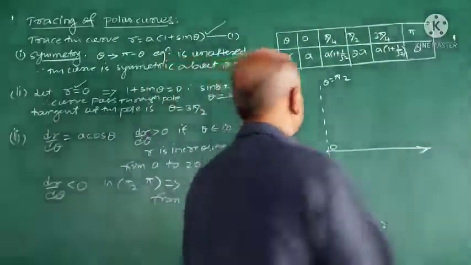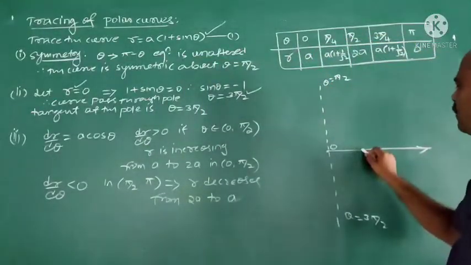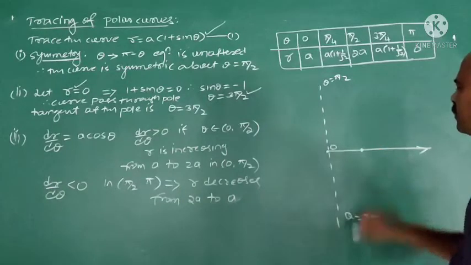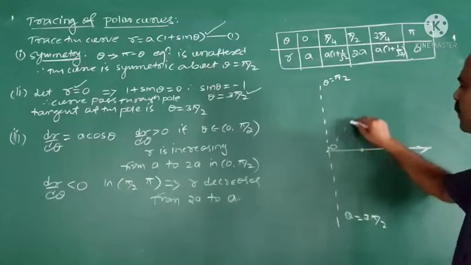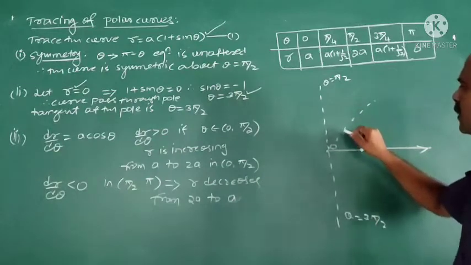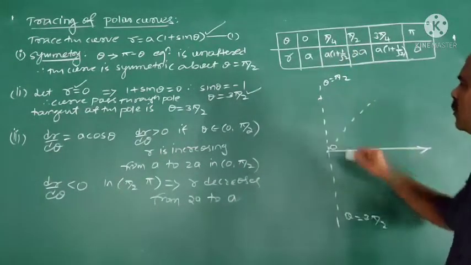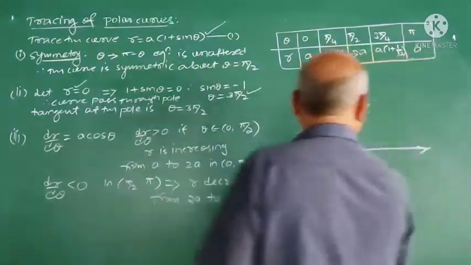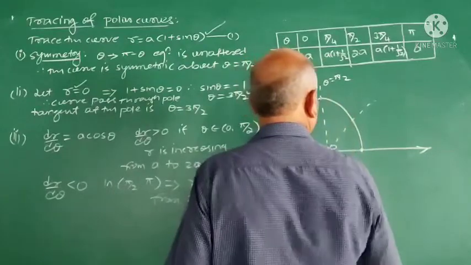Now I start from this. When theta is 0, what is r? R is a. When theta increases, at pi by 4 it is a into 1 plus 1 upon root 2. It increases, and when theta is pi by 2, it is 2a. Therefore, r increases like this.